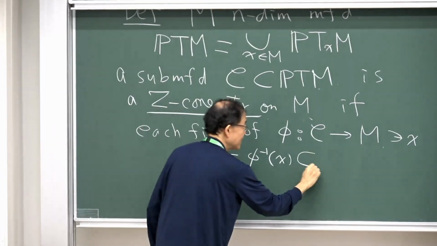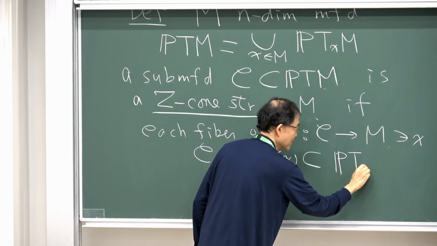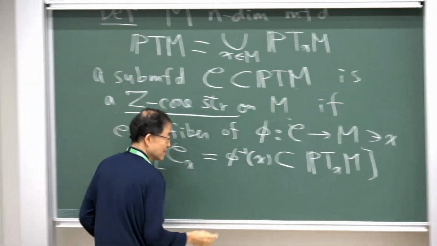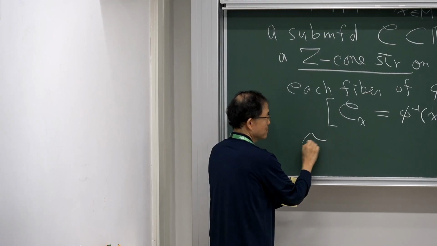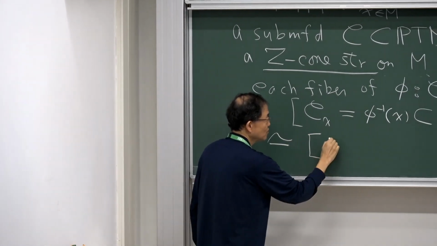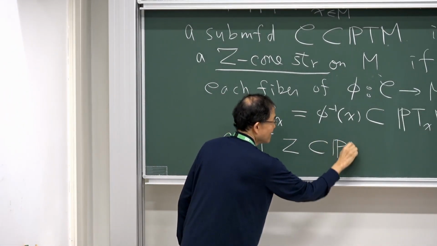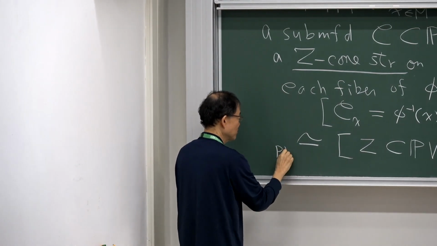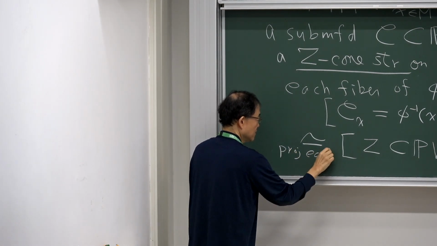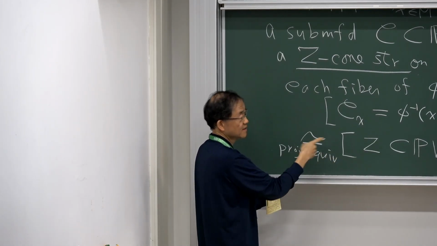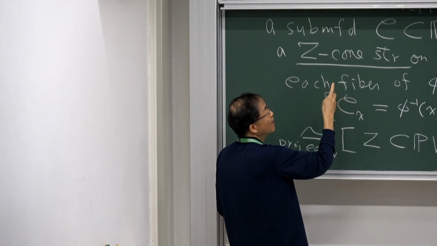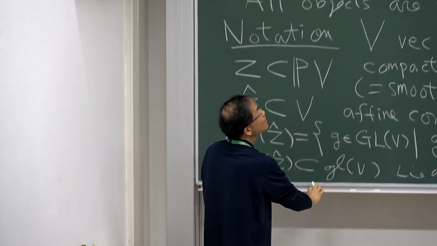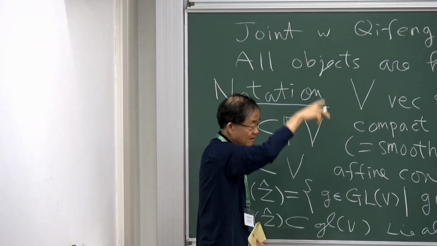So this is inside P T_x M. If each fiber is projectively equivalent to the fixed submanifold Z in projective space, so this is projective equivalence, a linear isomorphism, then we call it a Z-cone structure.